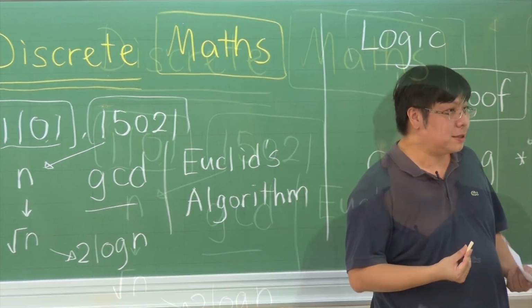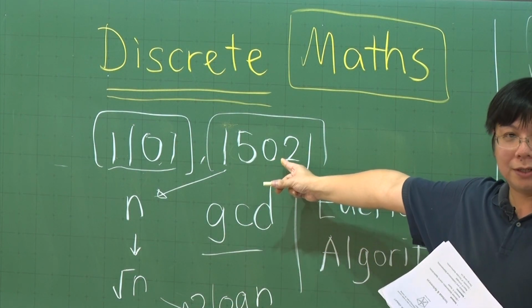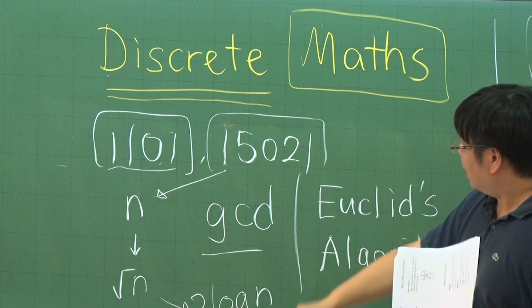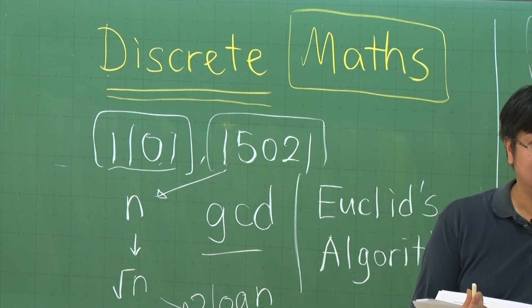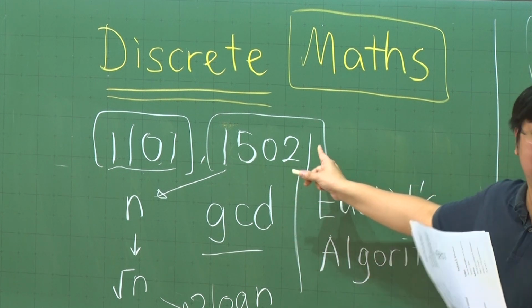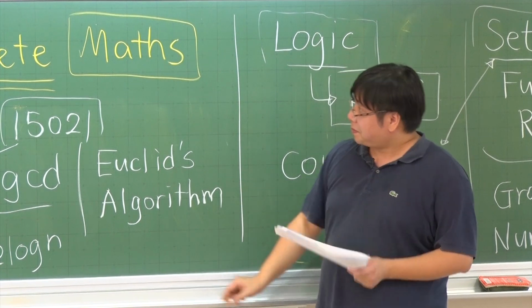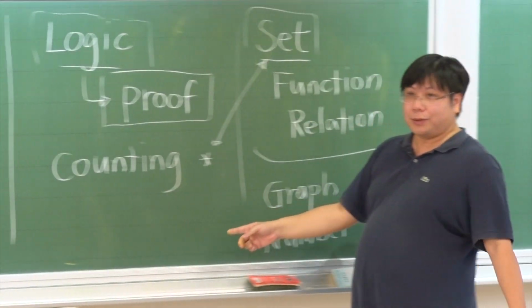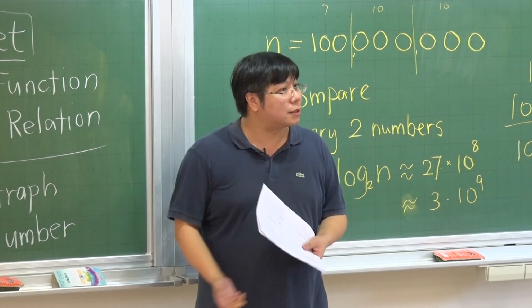Then this is very fast. One is taking 15,000 operations, and the other is taking about 14 operations. The log of this number is just 14. So it is very, very fast. But you need to have some knowledge of number theory to see why this is correct.